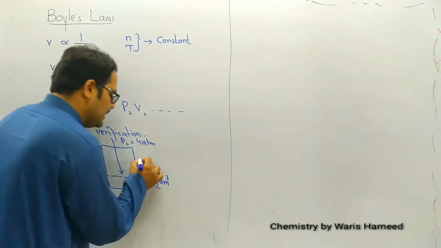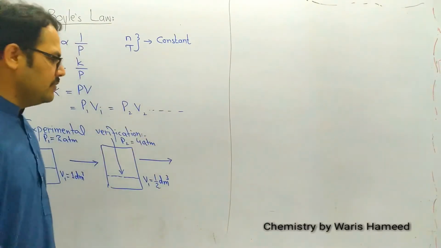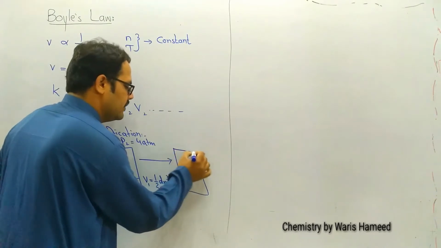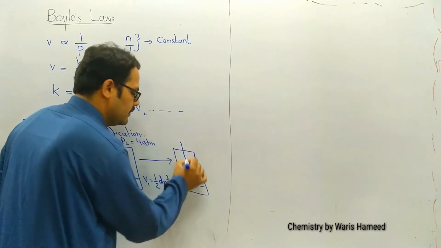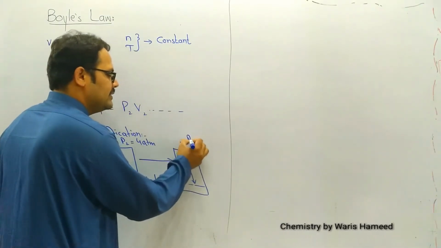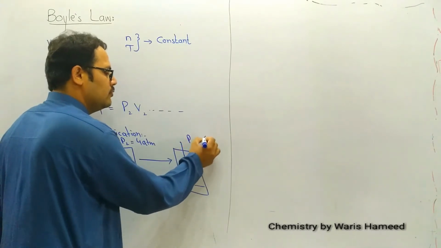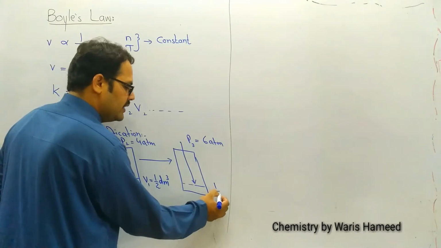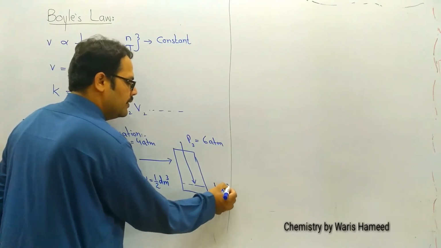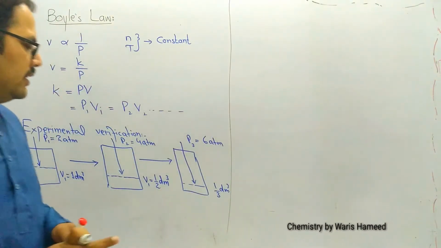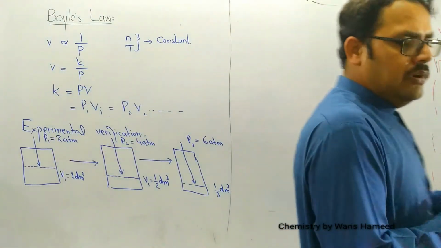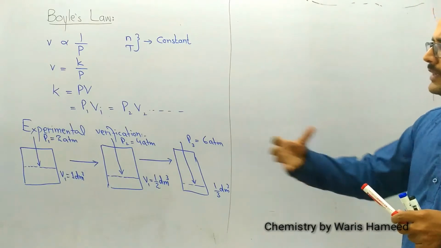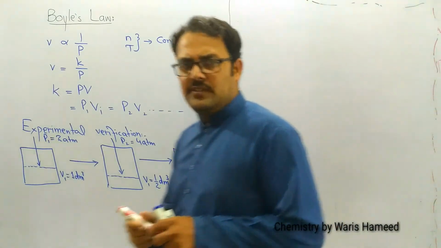And if we increase the pressure 3 times on this cylinder, here P is P3 and it is equal to 6 atm, and volume is 1/3 dm³. Now applying the equation of Boyle's law on these three conditions.